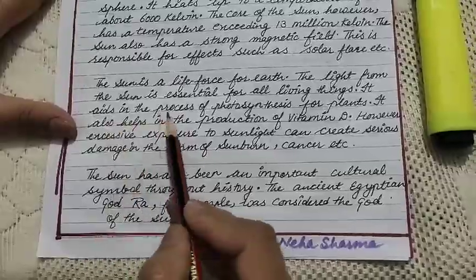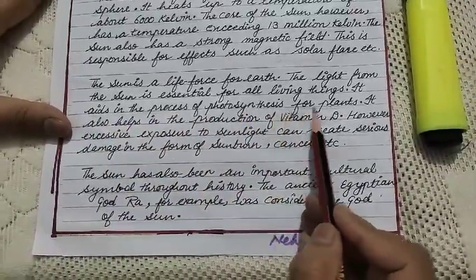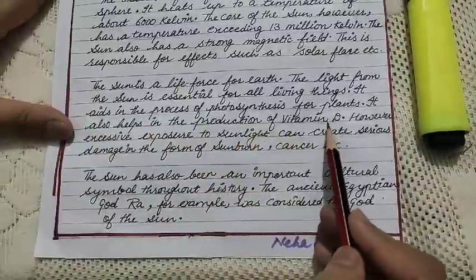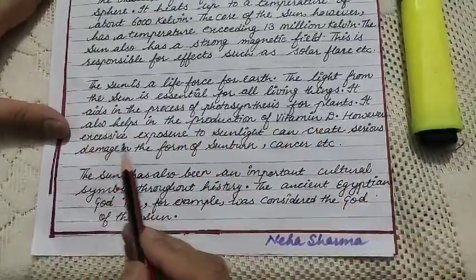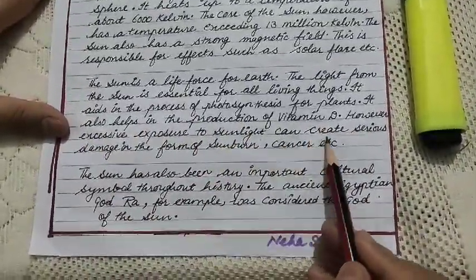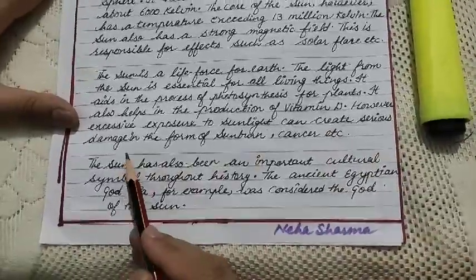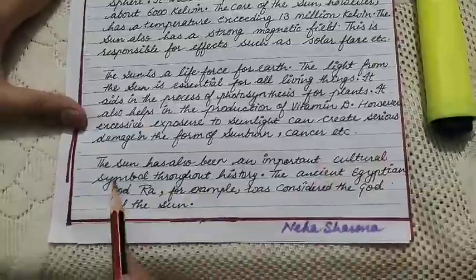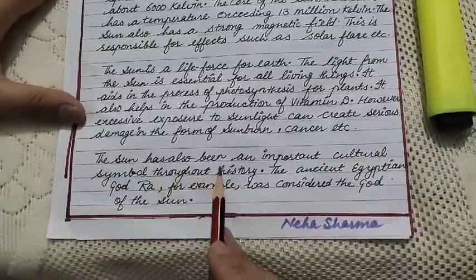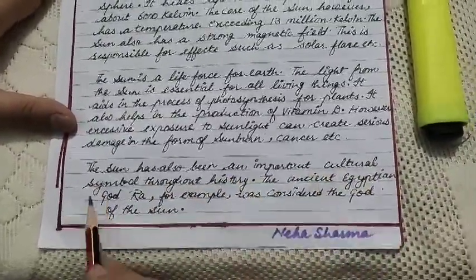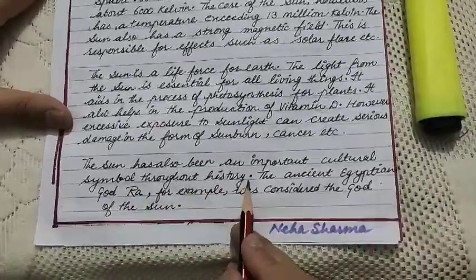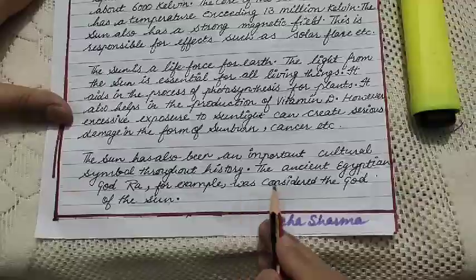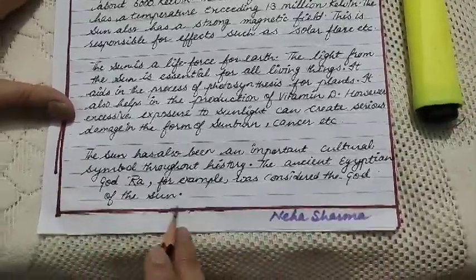It aids in the process of photosynthesis for plants. It also helps in production of vitamin D. However, excessive exposure to sunlight can create serious damage in the form of sunburn, cancer, etc. The sun has also been an important cultural symbol throughout history. The ancient Egyptian god Ra, for example, was considered the god of the sun.